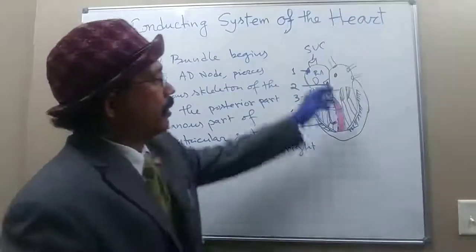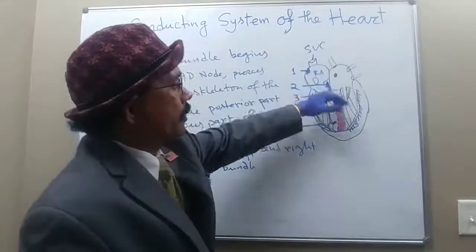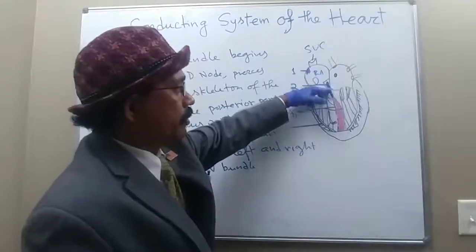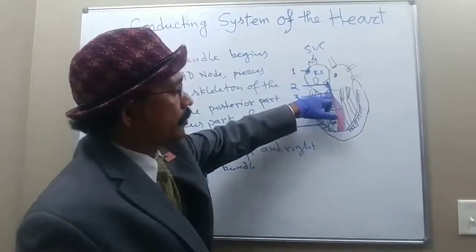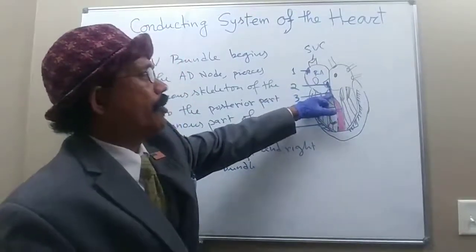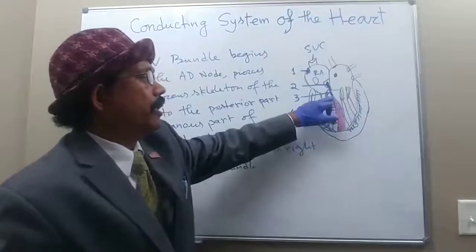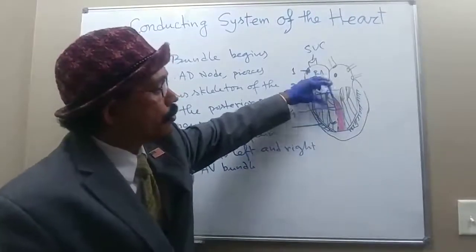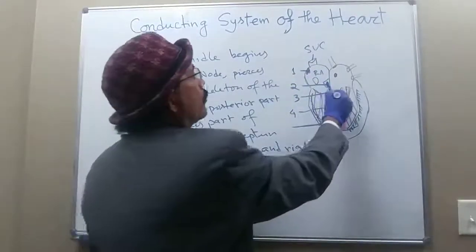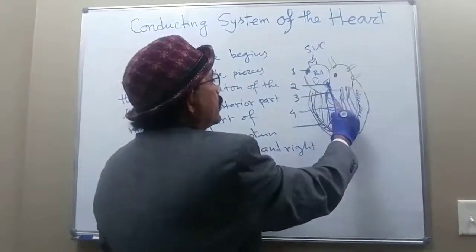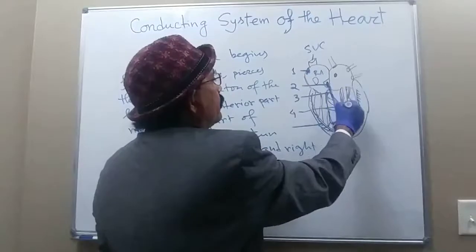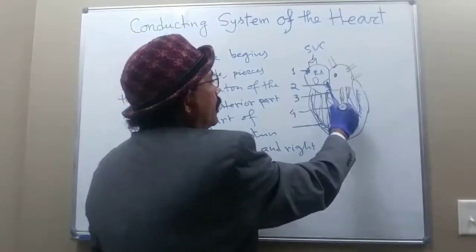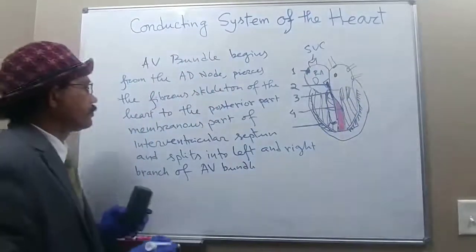Okay, so it pierces the fibers into the connective tissue, goes around the posterior aspect of the membranous part of interventricular septum, and at the top of the muscular part of interventricular septum, it splits into two. One is going towards the right, another going towards the left, as left bundle branch and right bundle branch.